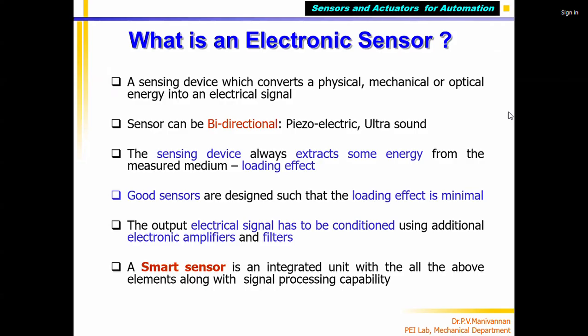These sensors will measure any physical parameter like temperature, pressure, humidity, force, speed, light intensity, and the sensor generates a proportional electrical signal. So that's why I call this kind of sensors as electronic sensor. A sensing device which converts a physical or mechanical or optical energy to electrical signal is called electronic sensor.